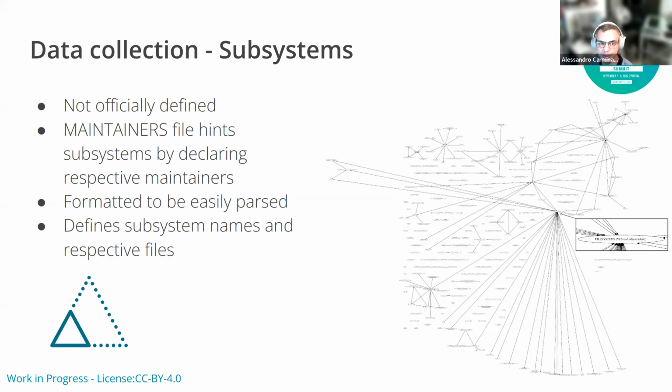Looking at the graph shown here in the slide, representing the subsystem interdependencies, a single hub is evident. This hub represents the file system subsystem. Here you can see the famous Unix statement, everything is a file, being followed. Nevertheless, we decided to use the decomposition suggested by the MAINTAINERS file and use it to represent the kernel subsystems.